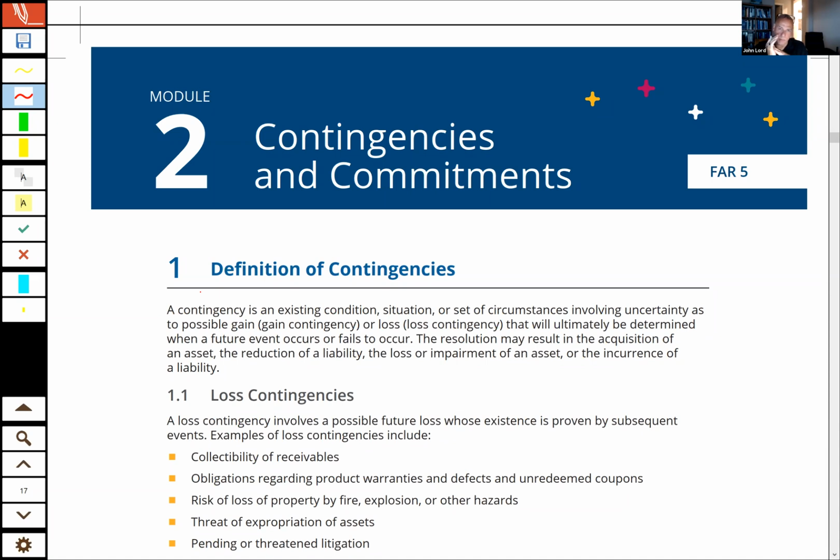If we meet those two requirements, you will literally make a journal entry for a loss that hasn't occurred yet. The term contingency means we don't know the outcome for sure yet, right? Now, contingencies could fall in two other categories besides probable. They could be reasonably possible. If it's reasonably possible, they're going to ask me to at least disclose that. And if it's remote, I don't have to do anything. Okay, that's the basic rules as we go along.